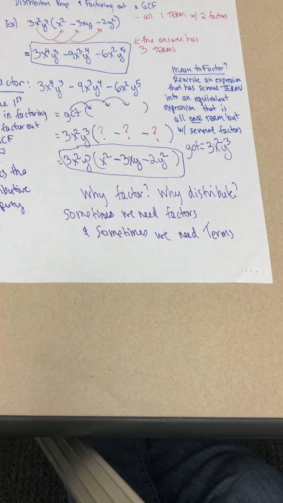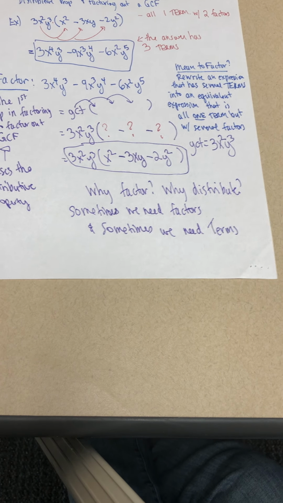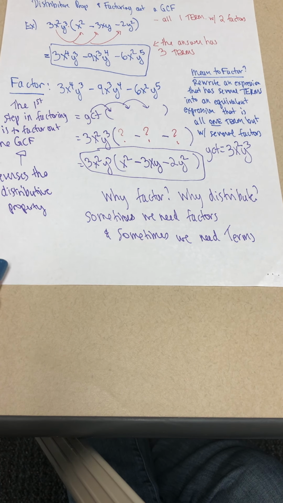And I'm going to give you some examples there. Part of the problem when you're first learning factoring is that the purpose is not in your face. And then when you see the purpose, it becomes, oh yeah, I need factors here. Oh yeah, I need terms here. But sometimes you need factors, sometimes you need terms. And I'm always thinking, sometimes you feel like a nut, sometimes you don't.